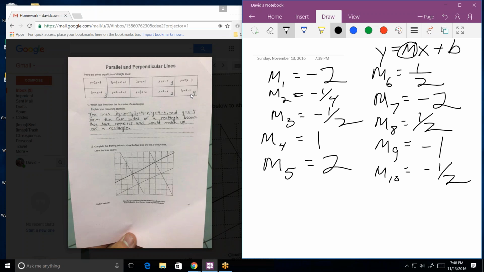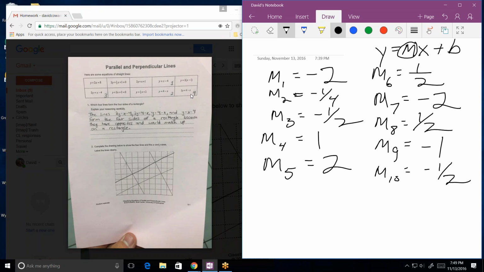Now, we're looking for 2 lines that have the same slope and 2 other lines that have the negative reciprocal slope. Well, I see a couple possibilities. M1 and M7 both have a slope of minus 2. And the negative reciprocal of that would be positive 1/2.